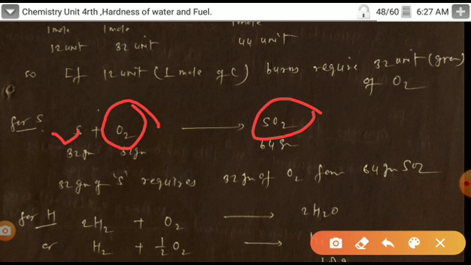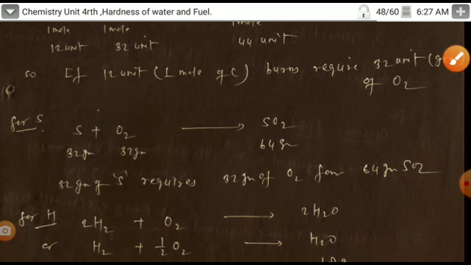What is the atomic weight of sulfur? That is 32 gram or 32 units. When 32 gram of sulfur burns, it will produce 64 gram of sulfur dioxide. For complete combustion of 1 mole of sulfur, 32 gram of oxygen is required. So it is a basic concept.